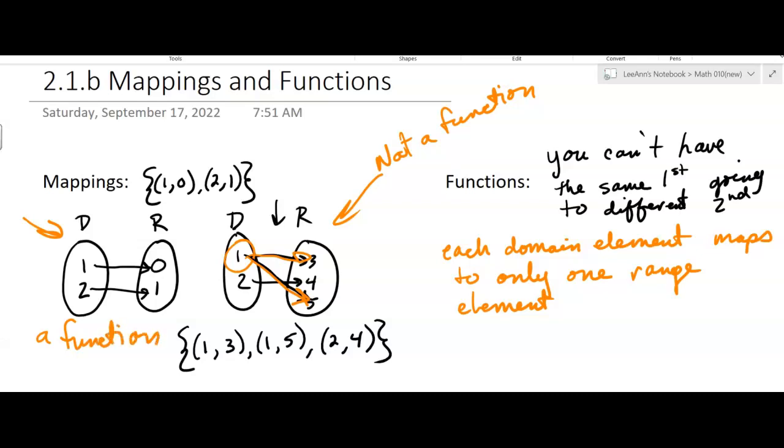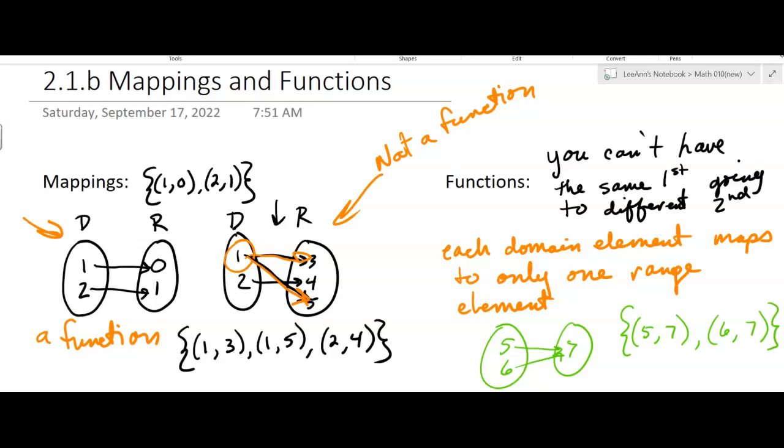I'm going to give you one more example. Let's say you have a mapping that's got 5 and 6, and over here you have a 7. So say the 5 goes to the 7 and the 6 goes to the 7. So what does that look like? It's the set of ordered pairs 5, 7 and 6, 7. Is that a function? What do you think? Yes or no?